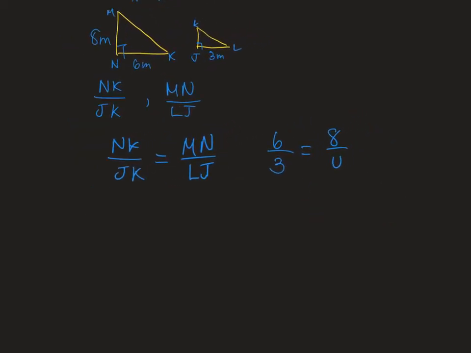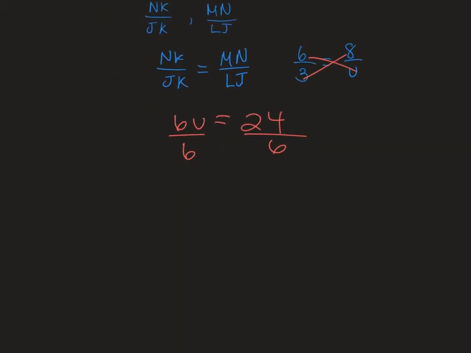So, very simple, I would cross multiply here. 6u equals 8 times 3. 8 times 3 is 24. So divide both sides by 6.